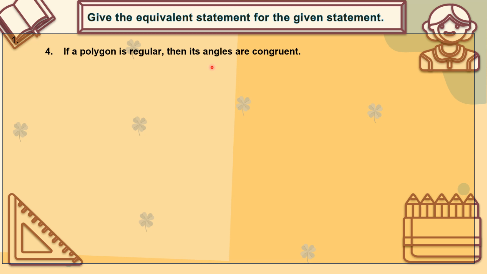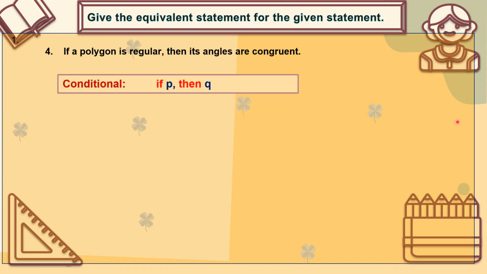Okay, what if i-take ko to as conditional statement? Okay, kapag conditional, if P, then Q. Yung hypothesis po natin dyan ay a polygon is regular. Siya yung ating P. At ang ating conclusion, its angles are congruent. So, ayan po ang ating Q.